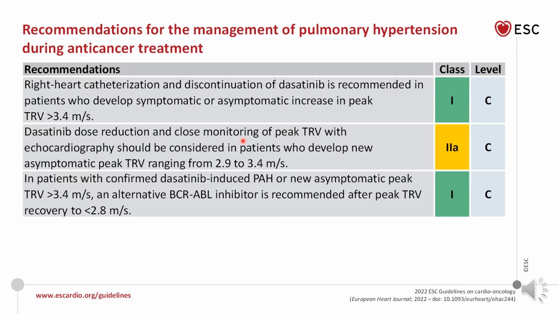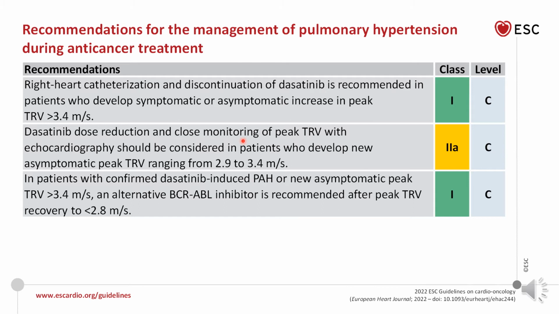A general piece of information is that all types of pulmonary hypertension might develop in cancer patients. Drugs like dasatinib cause type 1 pulmonary hypertension. Type 2 can be noticed in patients who develop left-sided heart failure due to cardiac dysfunction. Type 3 might happen with certain drugs that cause lung fibrosis, like bleomycin.